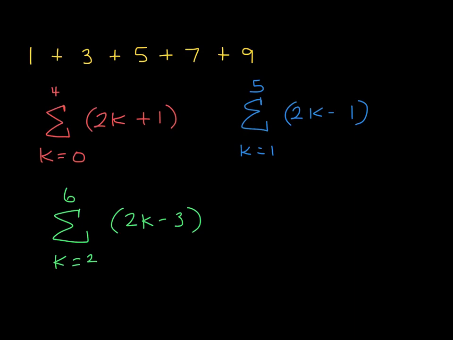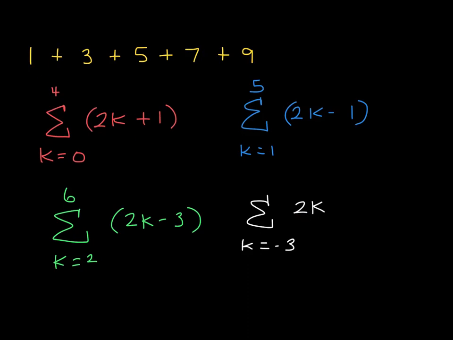What if you wanted, this one's interesting, what if you wanted k to begin at, let's say, I don't know, -3? Remember, you want to end up with 1. So if you do 2k, let's see what that would be. 2 times -3 is -6, right?